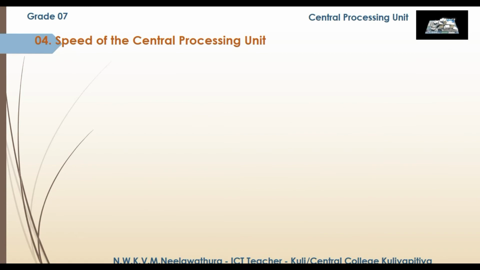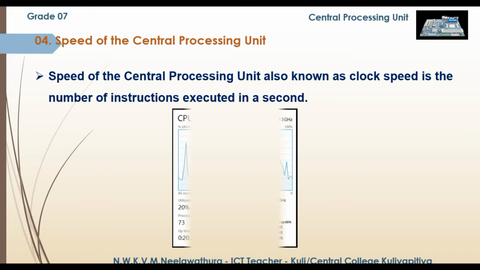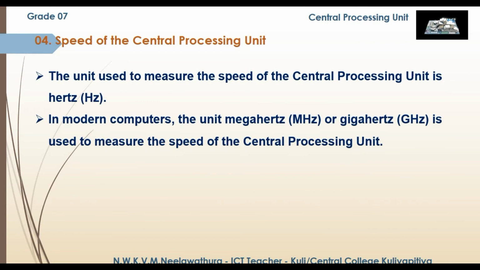Let's go to the next lesson. Speed of the central processing unit. Speed of the central processing unit, also known as clock speed, is the number of instructions executed in a second. The unit used to measure the speed of the central processing unit is hertz.